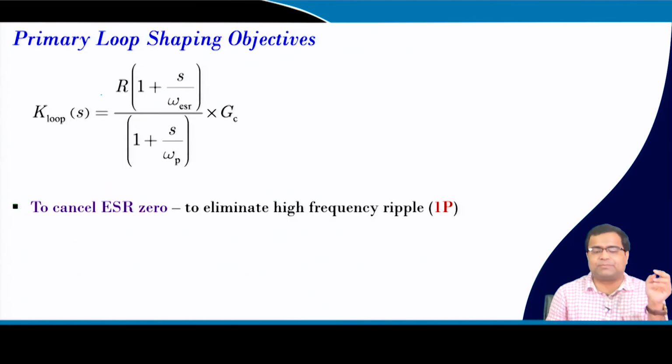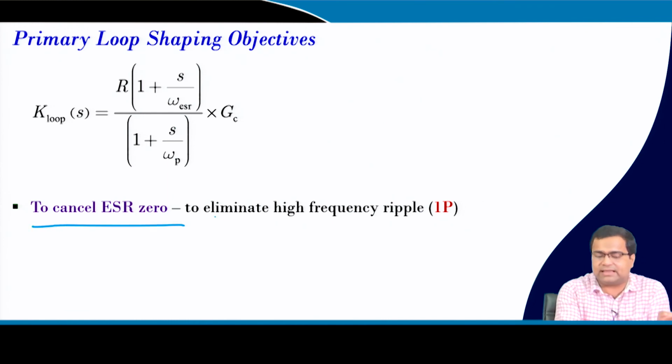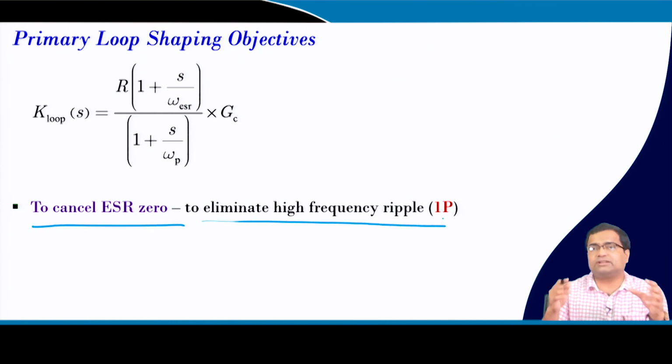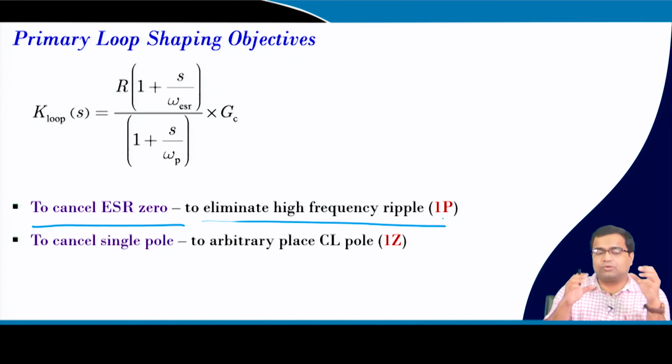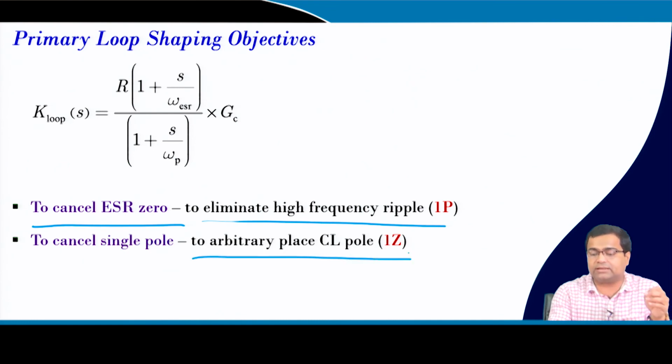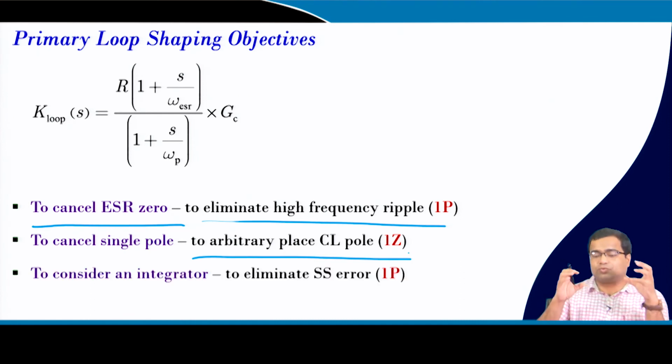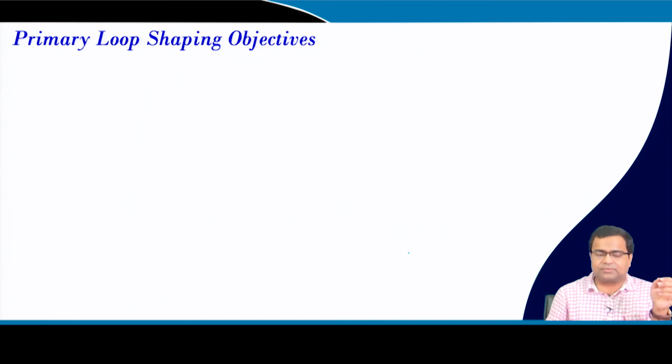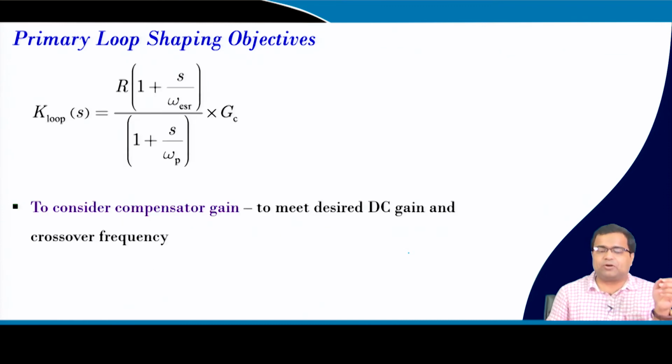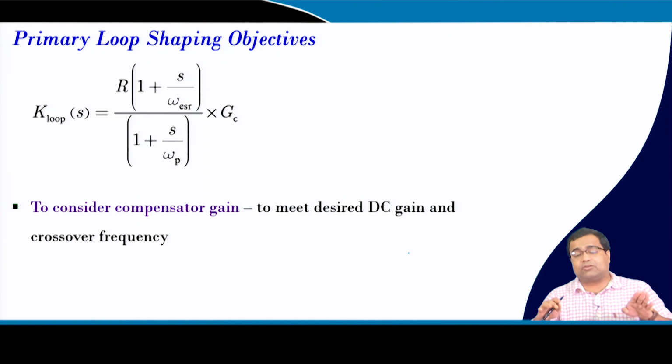So, the primary loop shaping objective: we want to cancel the ESR zero by considering one pole in the controller. We want to cancel the single pole by considering a zero in the controller. So, the controller requires 1 zero and 1 pole, and then we need to introduce one integrator because we want to reach zero steady state error or very reduced steady state error. Then we have to set the compensator DC gain to meet the desired crossover frequency.